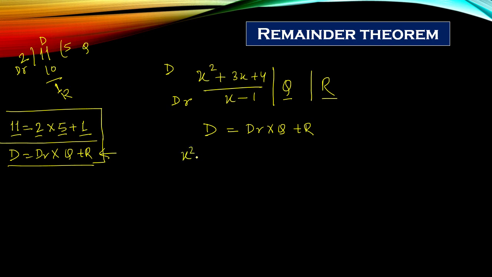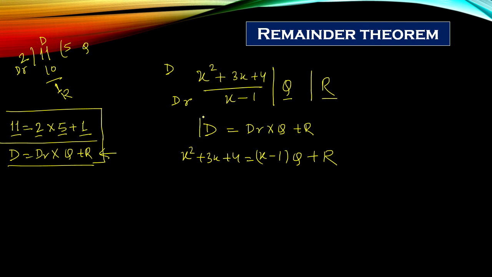Dividend is x square plus 3x plus 4, divisor is x minus 1, quotient we suppose is q, remainder we suppose is r.